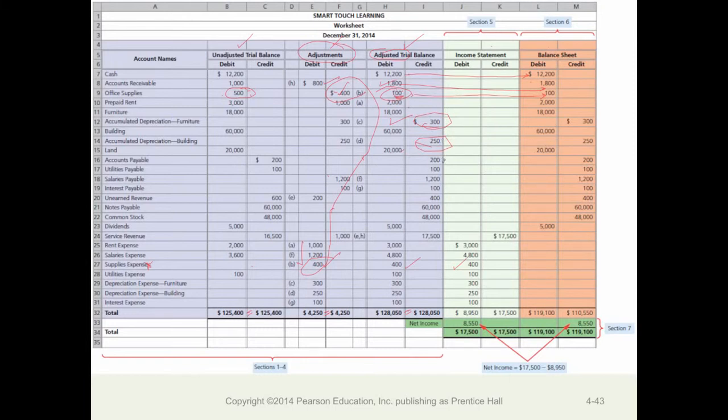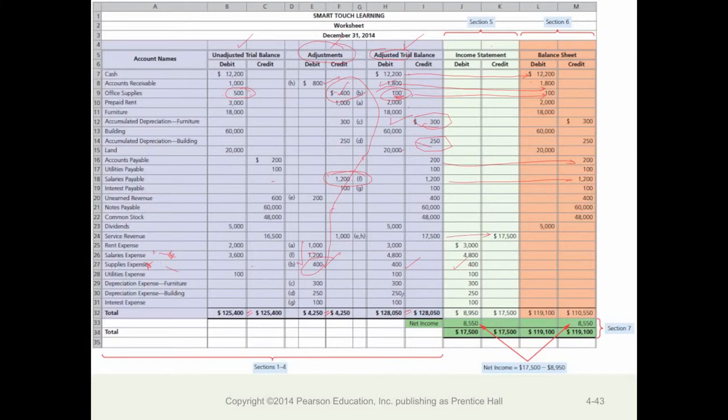Liabilities, accounts payable is extended. Salaries payable, you had 0 to begin with, but you accrued salaries by debiting salary expense and crediting the salary payable, and that gets extended to the liabilities. Now, income statement side, sales, of course, come across.